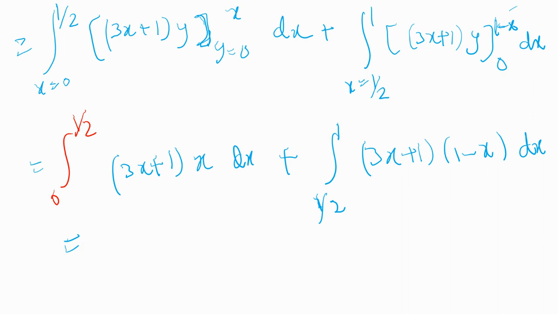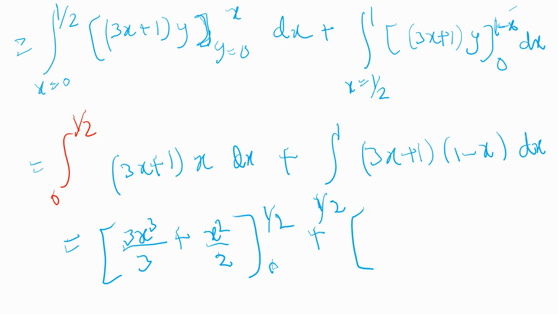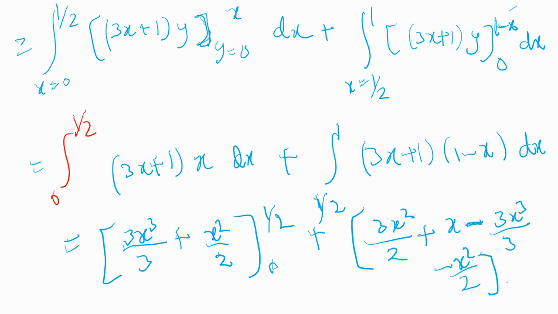So we will have 3x cubed by 3 plus x square upon 2, ranging from 0 to half, and then let's do it separately: 3x square upon 2 plus x, minus 3x cubed upon 3, minus x square upon 2, and its range will be half to 1.